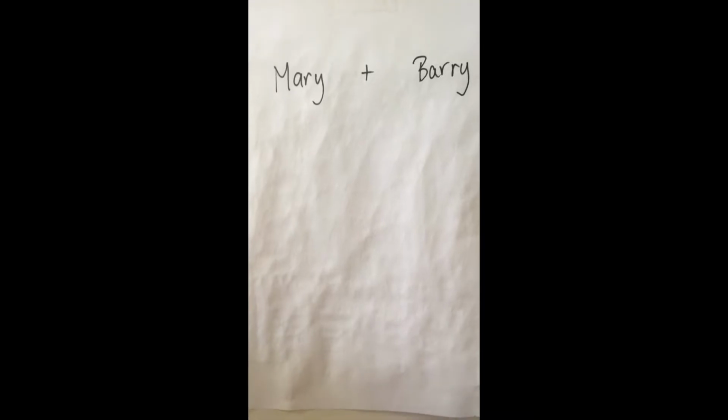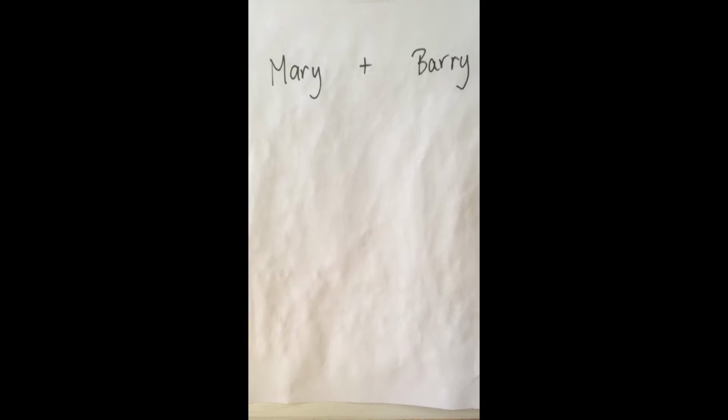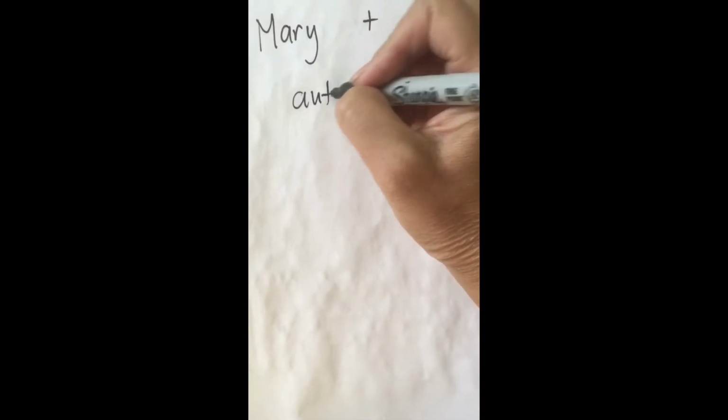So we have a question with Mary and Barry, who have siblings with an autosomal recessive disorder called thalassemia. So what do we mean by an autosomal recessive disorder?